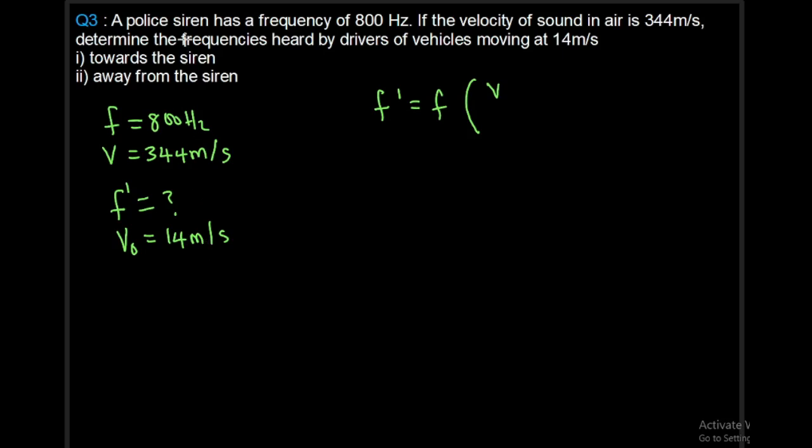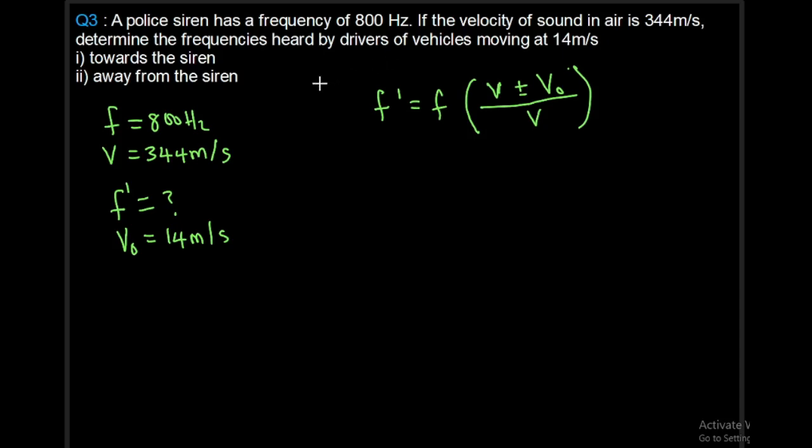Obviously the source of the sound, which is the police siren, is stationary because they did not give us the velocity of the source. So there is no velocity of source because it is zero. The source of the sound, the police siren, is not moving, and no velocity was given for it.